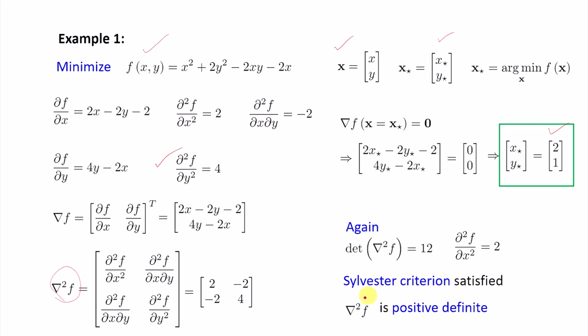Therefore, this matrix is positive definite as per the Sylvester criterion, which tells us that at this particular x star, y star, 2, 1, we will have a minimum. And I can plug this value 2 and 1 in this function, and I get a value of negative 2, that is the minimum value of this function, considering x and y both are real.